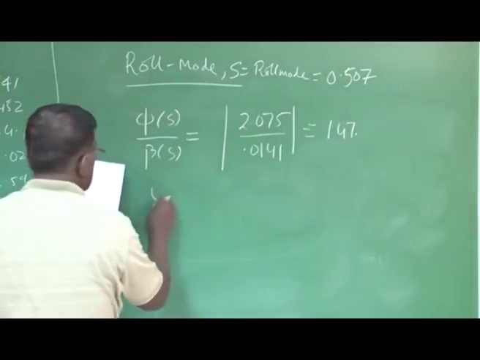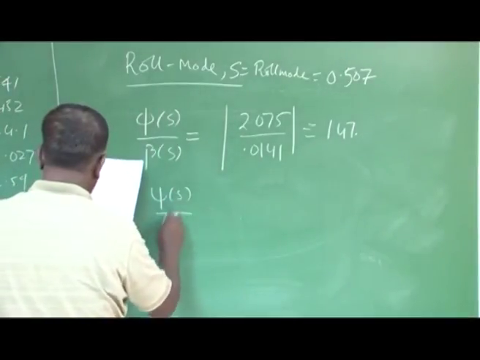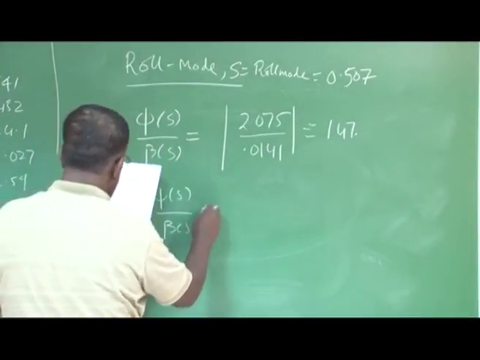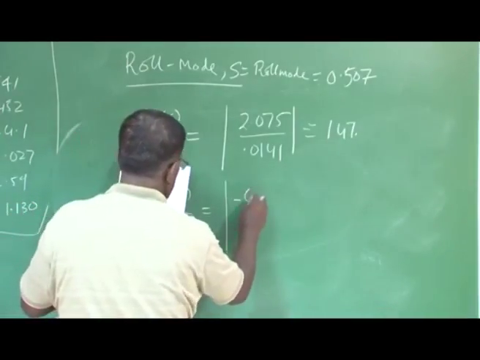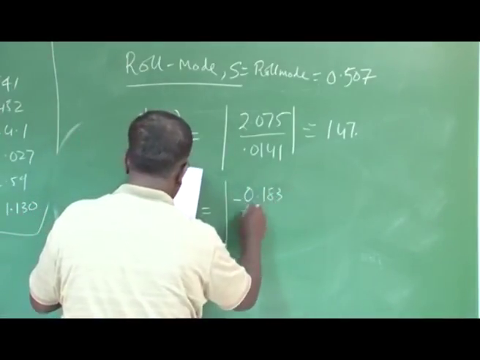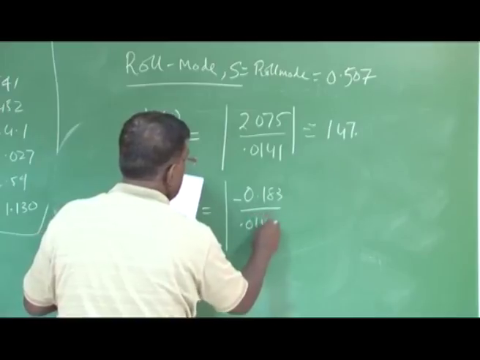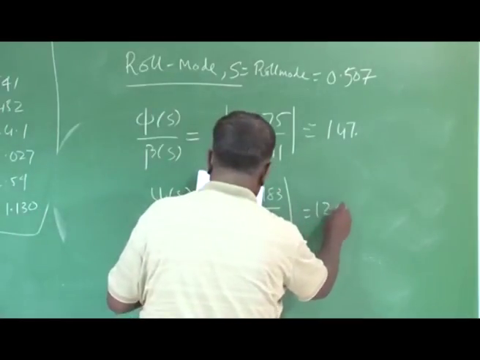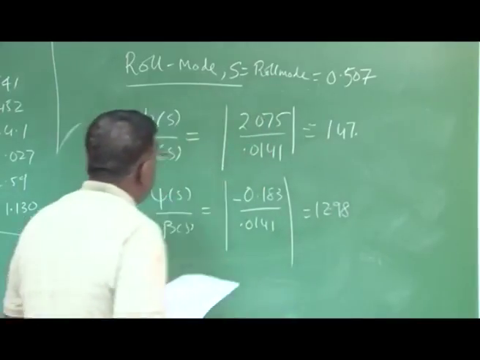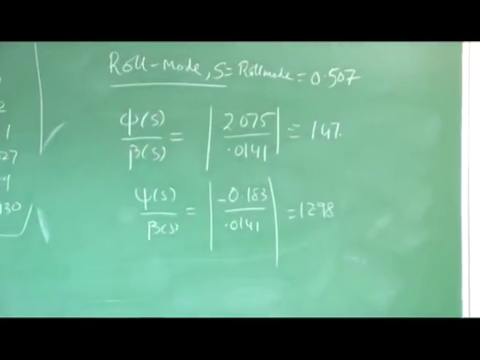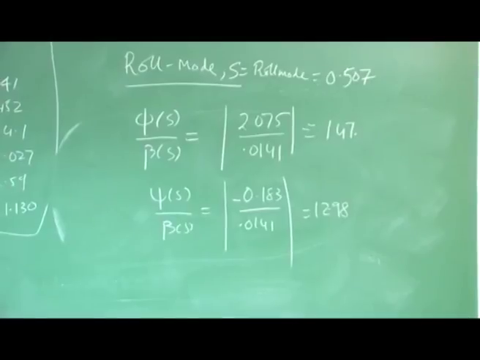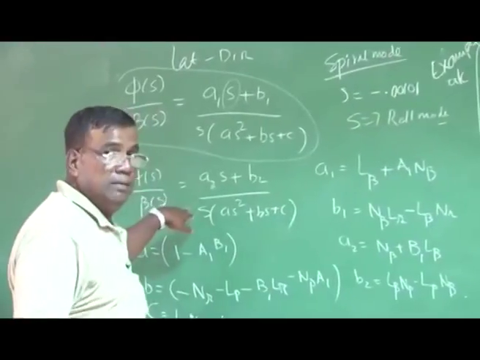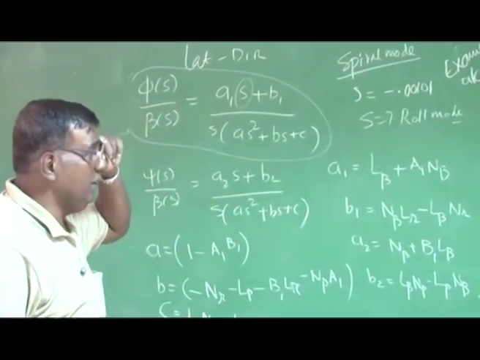And here, psi of S by beta of S, I get as minus 0.183 by 0.0141. The magnitude will be 12.98. Very simple. I have to just put the roll mode S value in this expression, nothing more. A1, A2, all we already know.